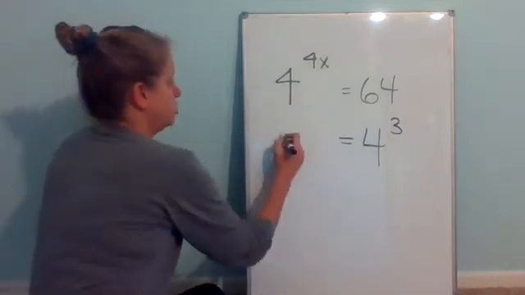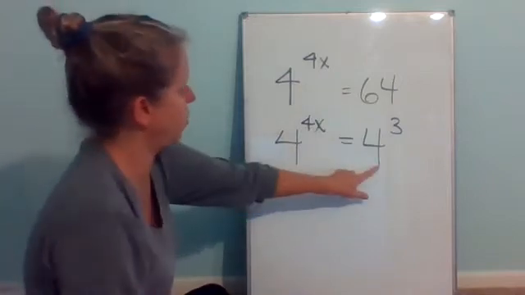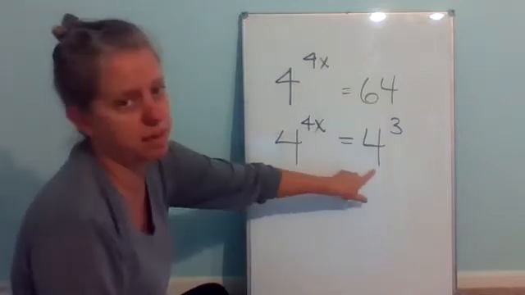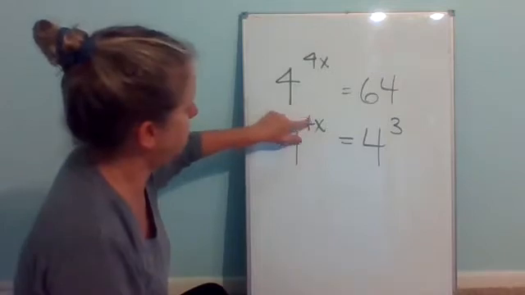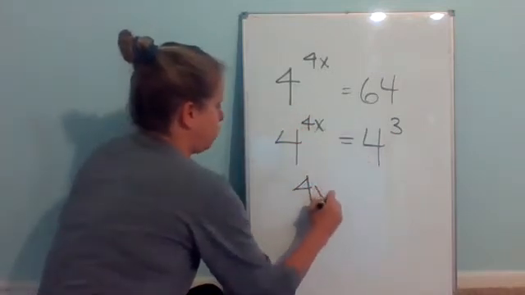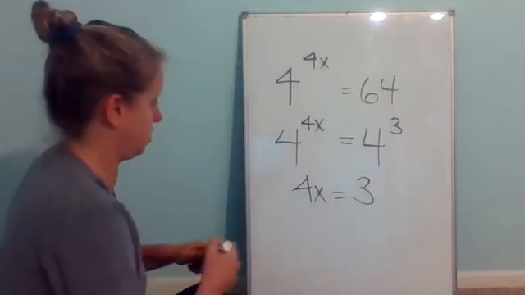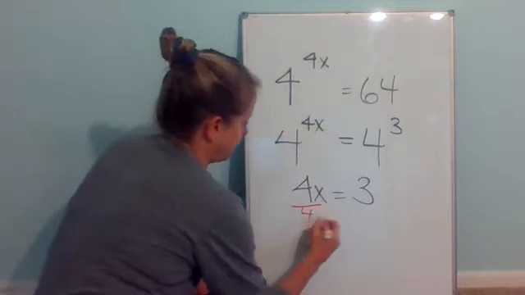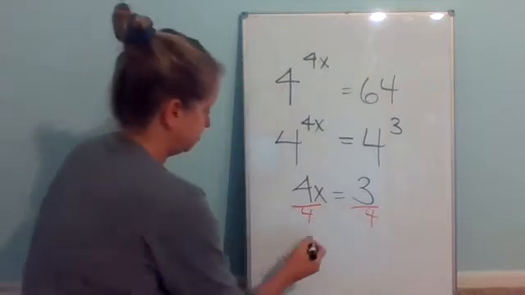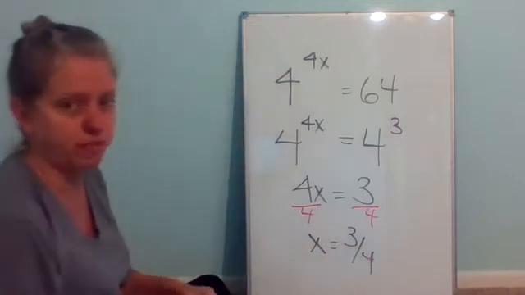So over here, just bring down this 4 to the 4x. So once again, if your bases are the same, then you just set up an equation that puts your exponents as being the same. So 4x equals 3. This one I did have a little bit of work to do. I just need to divide both sides by 4. So x equals 3/4.